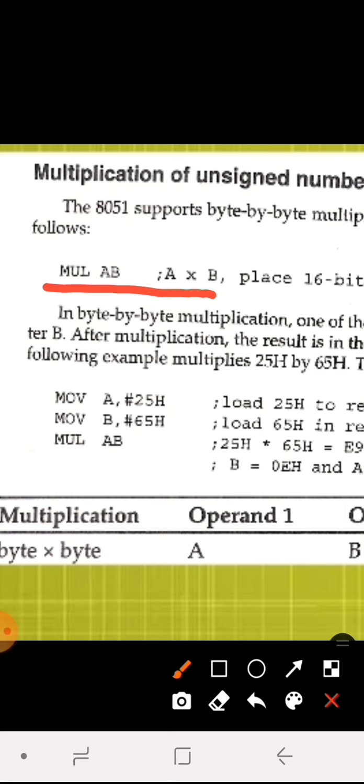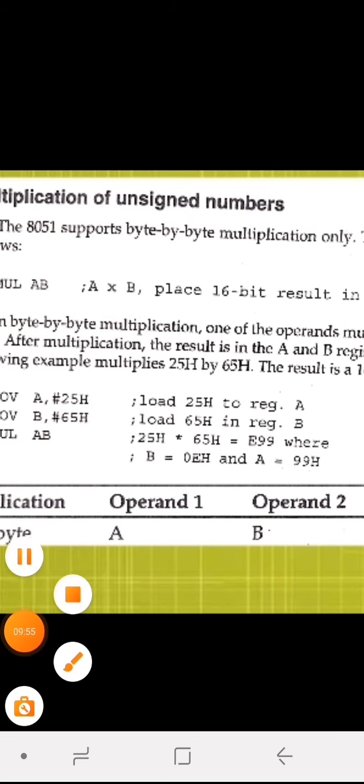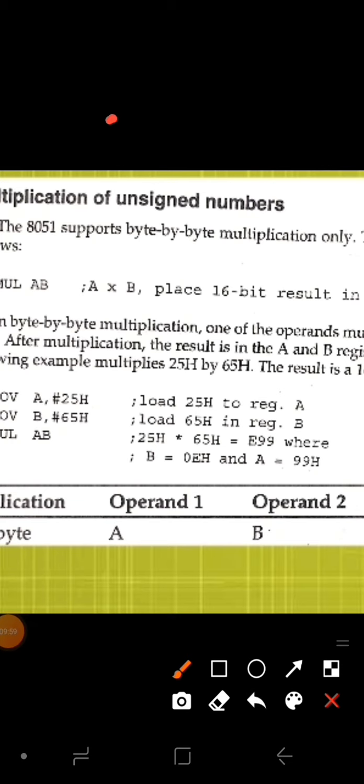So we have taken an example here. First you are loading A with 25 and you are loading B with 65 and then you are executing MUL AB. After this multiplication, the result you will be getting is 0E99.